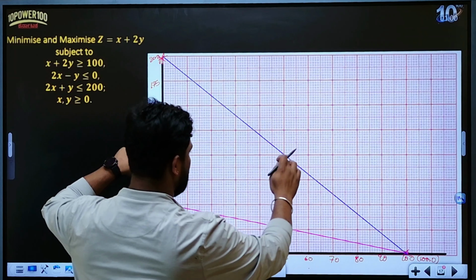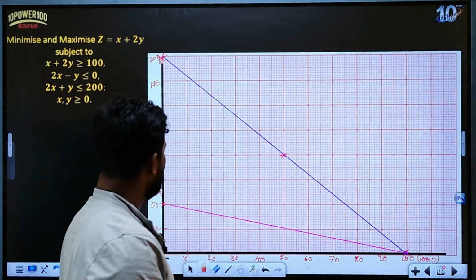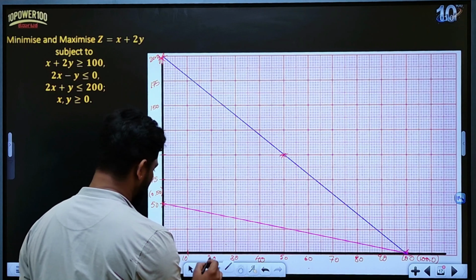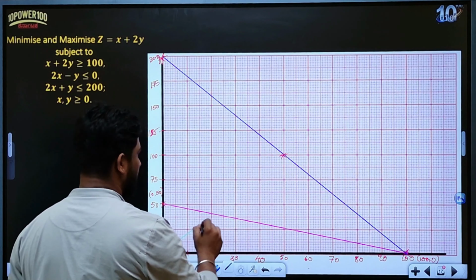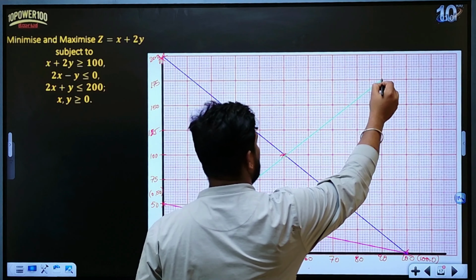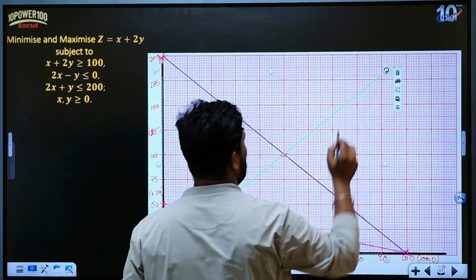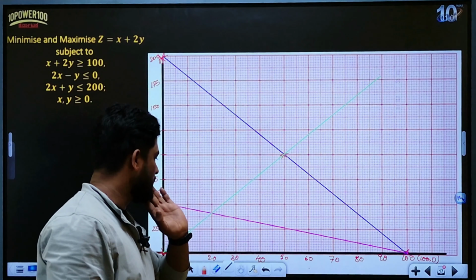So this is the point. Now we'll mark this point using a green color, and this is how it goes. While marking, be careful. There's nothing to worry. We have got an intersection.